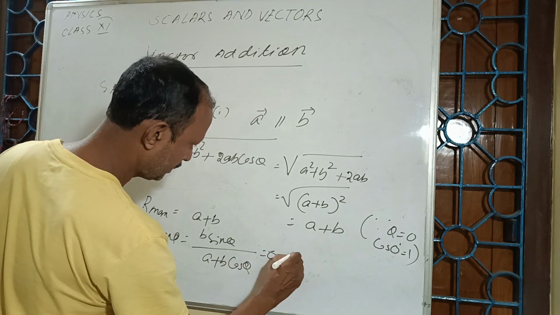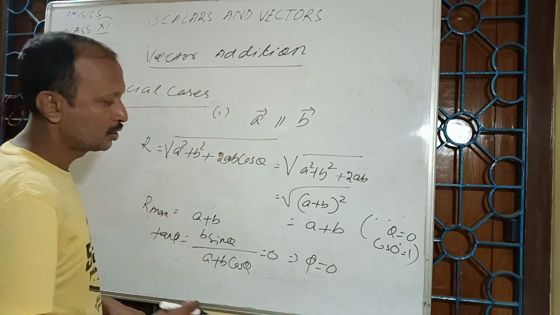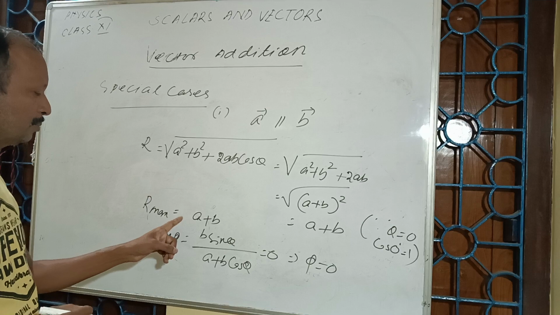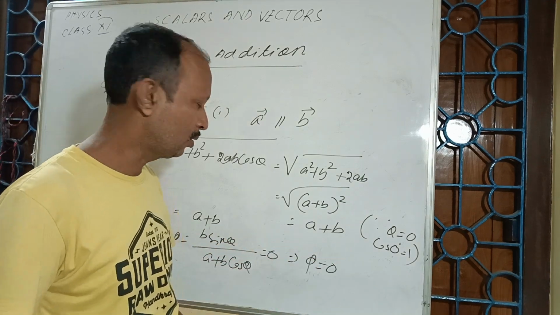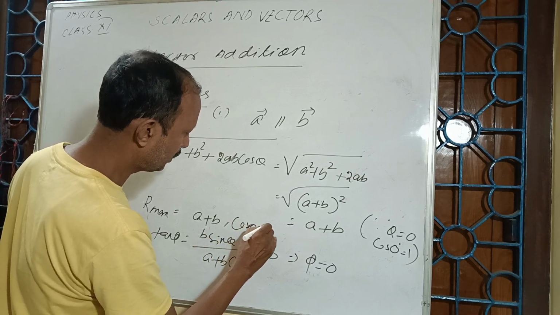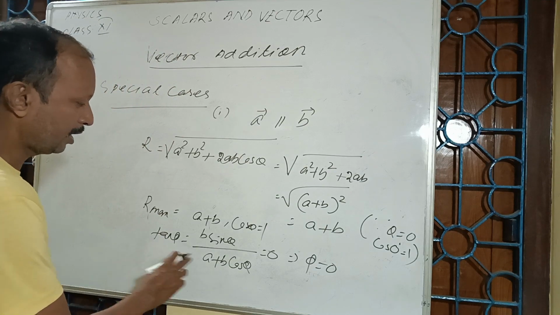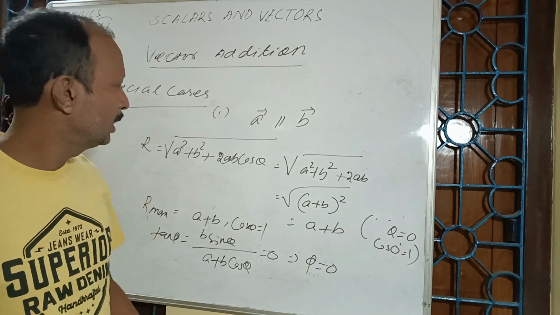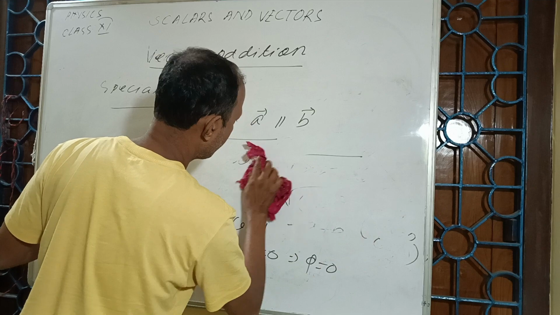That means phi is equal to 0. So R will be maximum, that means A plus B, when cos theta is equal to 1. In that case tan phi will be equal to 0, or I can say phi equal to 0. This is the case of parallel. So one more case we will see.